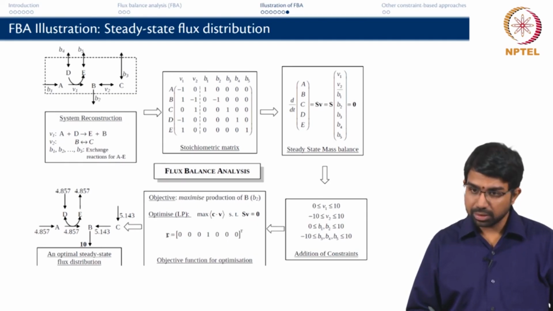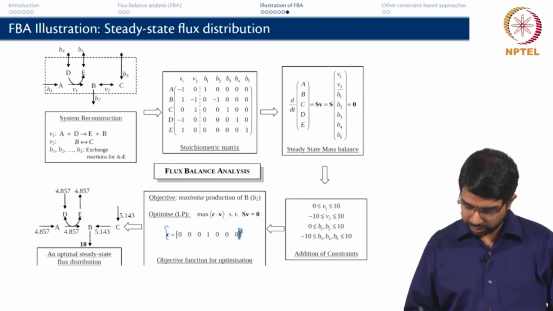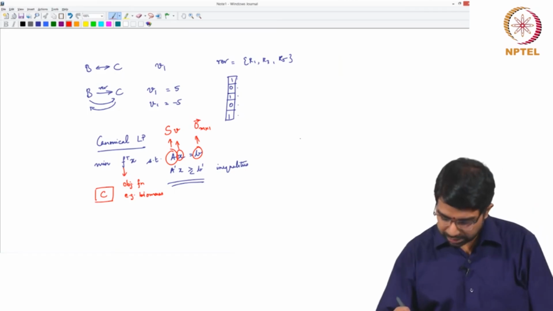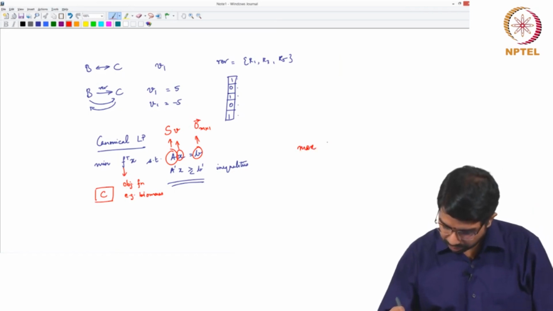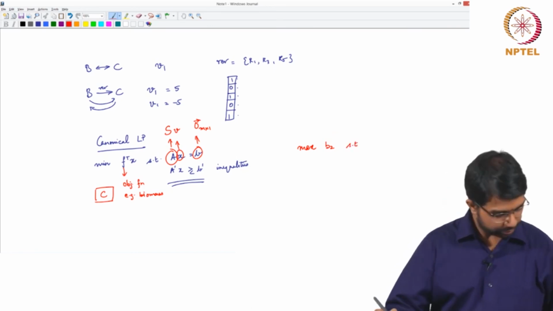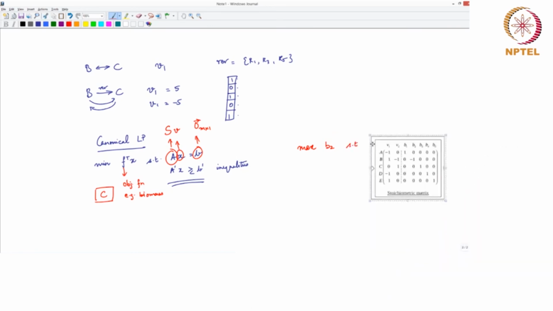This C is the objective function. I said maximize, so I said max B2 such that S into V equals 0, right, and what is V?